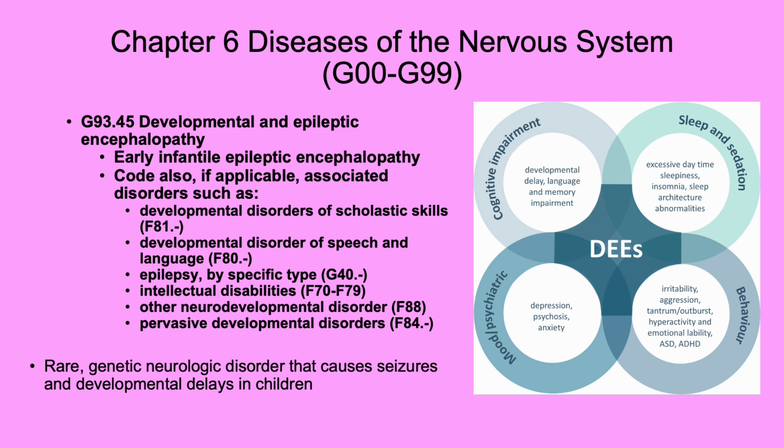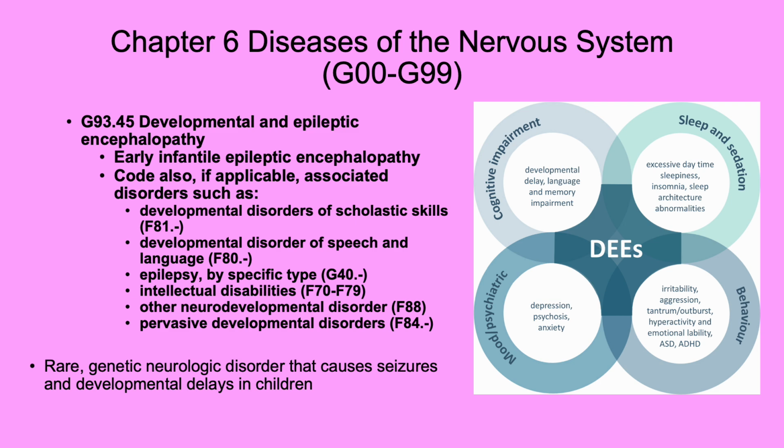Okay, also under chapter 6, so this has almost as many as endocrine system, doesn't it? G93.45, developmental and epileptic encephalopathy. Early infantile epileptic encephalopathy, a rare genetic neurologic disorder that causes seizures and developmental delays in children.